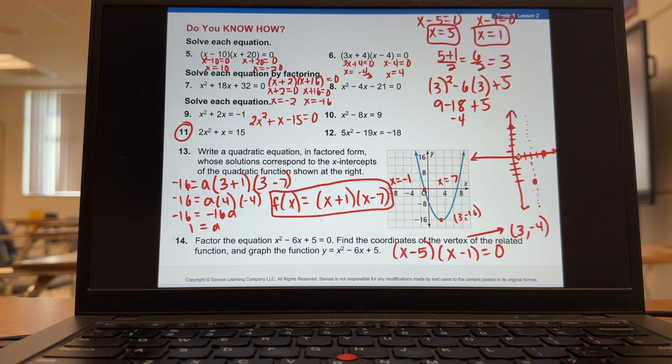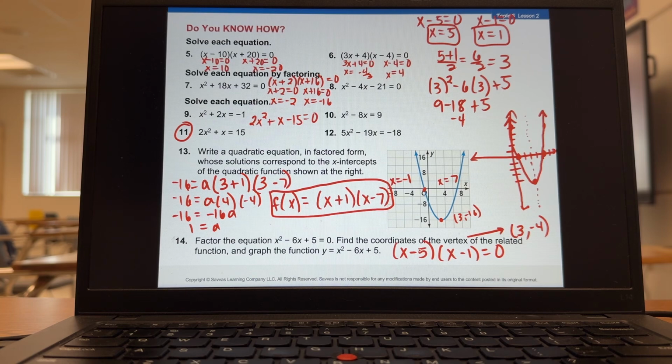My y-intercept is 1, 2, 3 away from my axis, so 1, 2, 3 away. That would also be a positive 5. And, ooh, let's try that again. Much better. And that would be my parabola for 14.